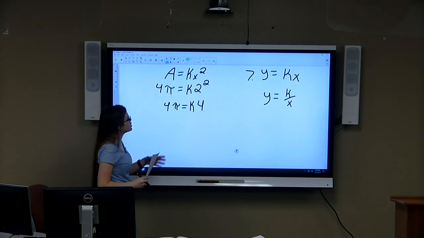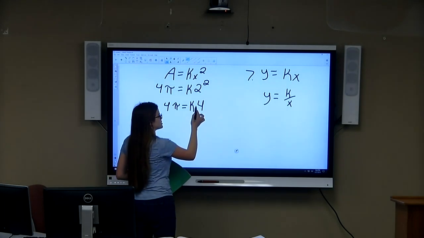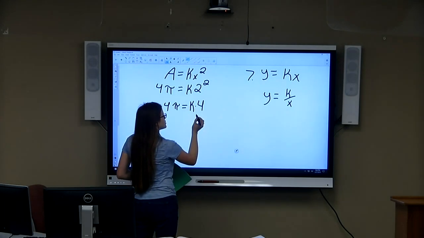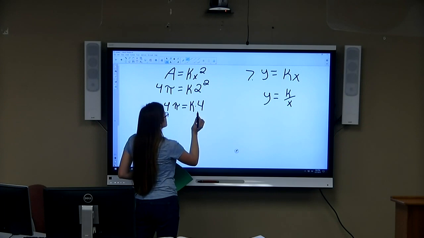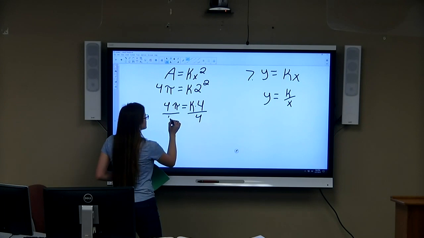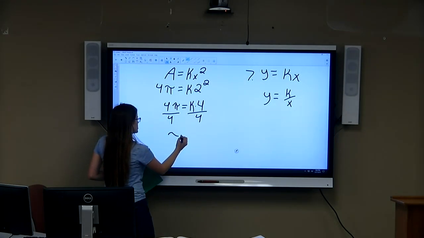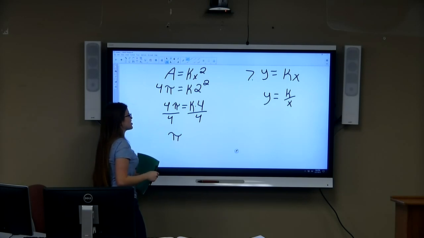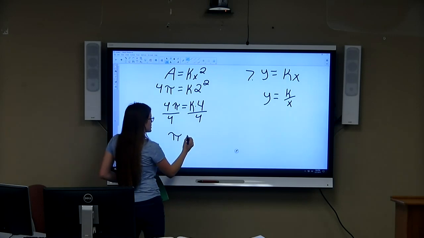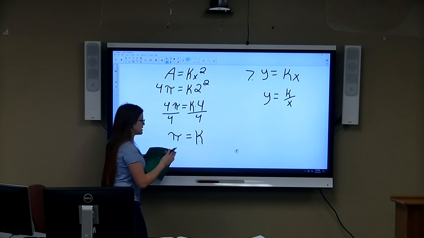What you're solving for is k, so you need to get it by itself. Since this is multiplication, you'll just divide by 4 on both sides. 4 divided by 4 gives you 1. You don't write the 1 because it's assumed to be in front of pi. So that gives you k equals pi.